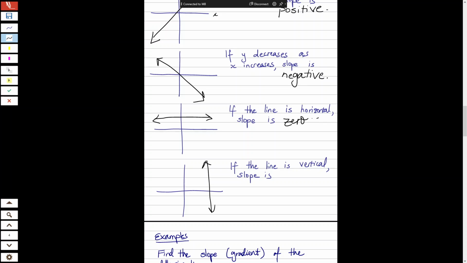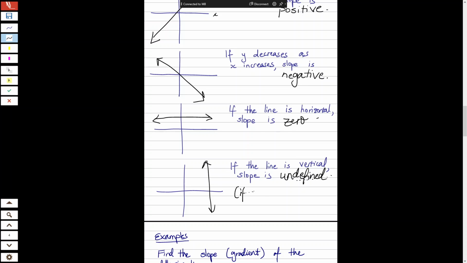Okay, and what about the last one? What about a vertical line? It's also 0. No, 0 is already taken. Undefined.